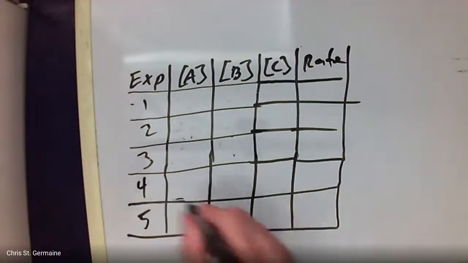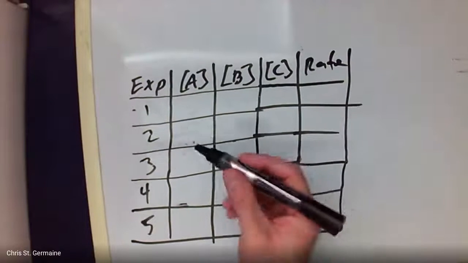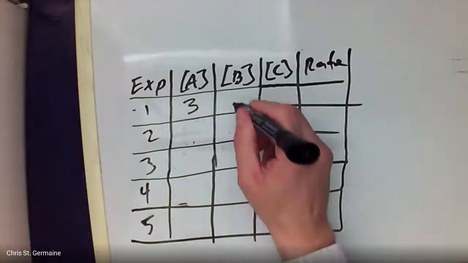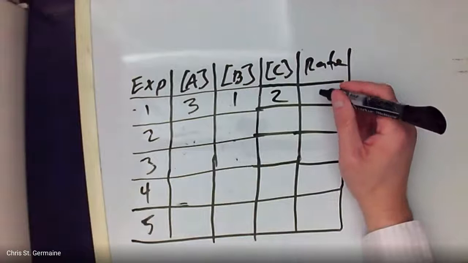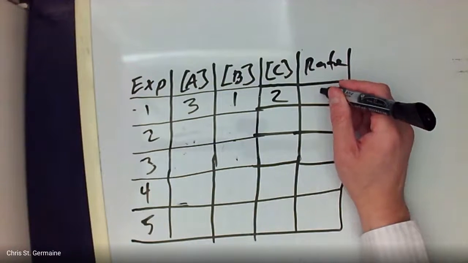So same thing. First thing you need to do is find the orders. In order to find the order, you need to find 2 experiments where only one of them changes. So let's do 3, 1, 2. All right, so just bear with me for a second.